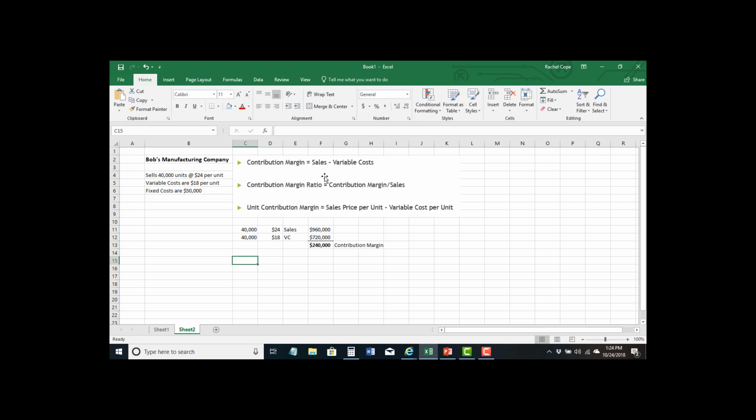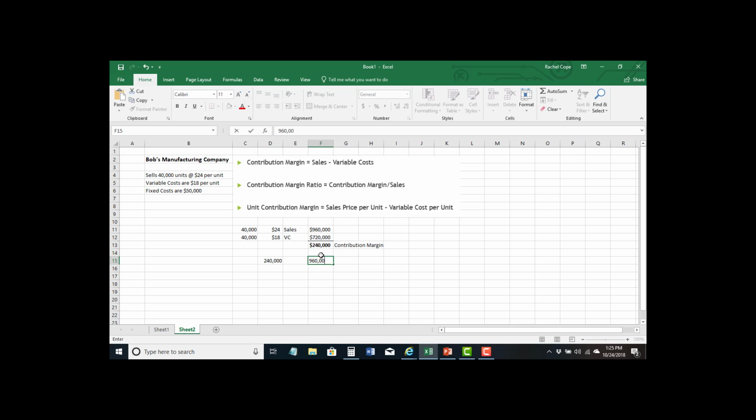So we figured out our contribution margin. Our overall number is $240,000. Our contribution margin ratio is contribution margin divided by sales. Well, we have our contribution margin right here, $240,000, and our sales was $960,000.